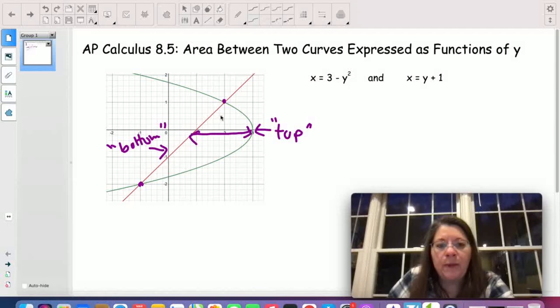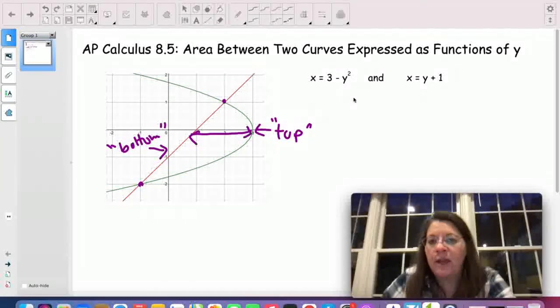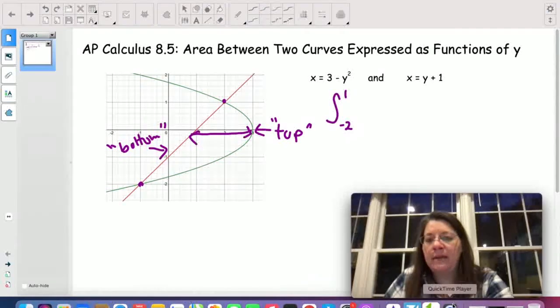Now, those ordered pairs, if I look at this, that's y value of 1, so it's at (2, 1). This ordered pair is at (-1, -2). So my boundary is going from my y values this time, remember, -2 to 1, because those are the y values where these things intersect. So my integral goes from -2 to 1.